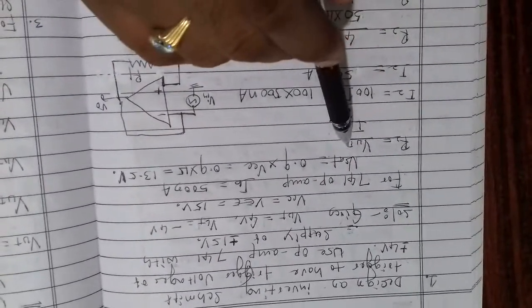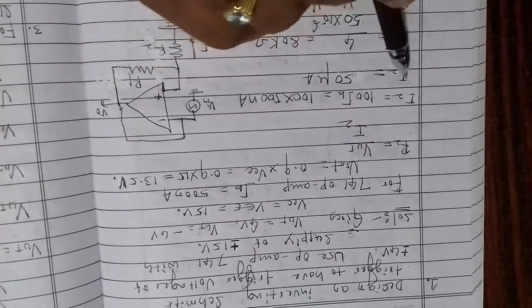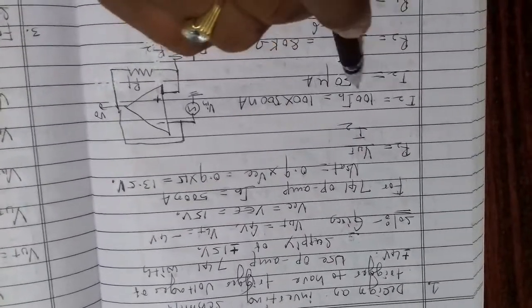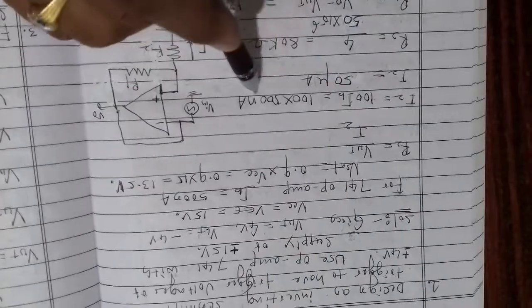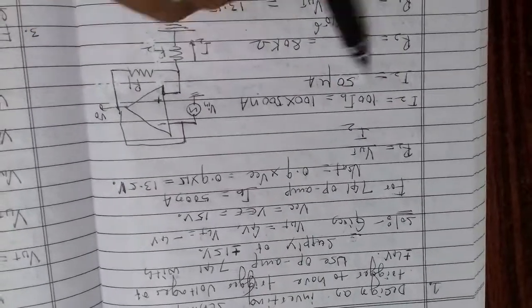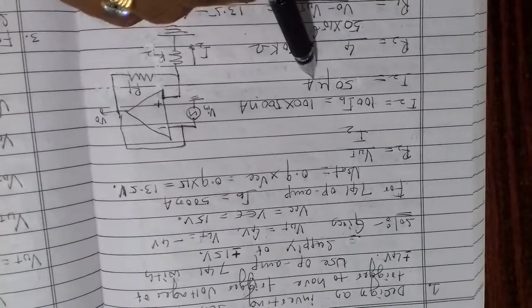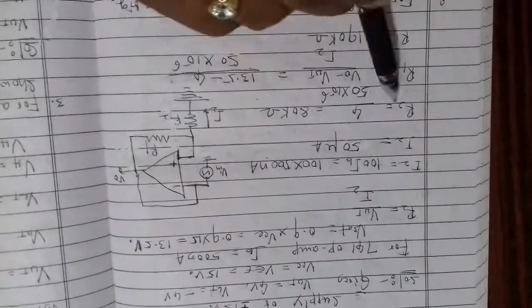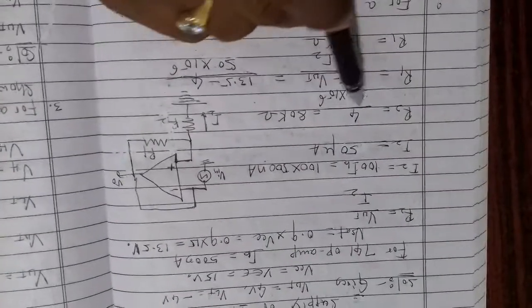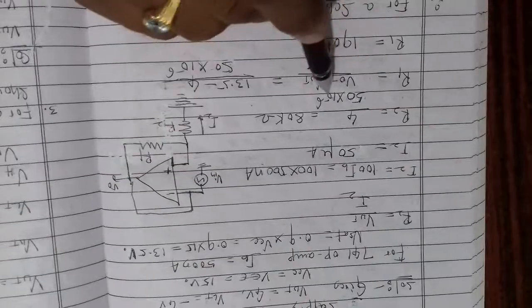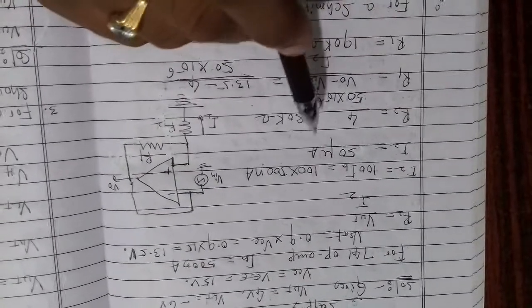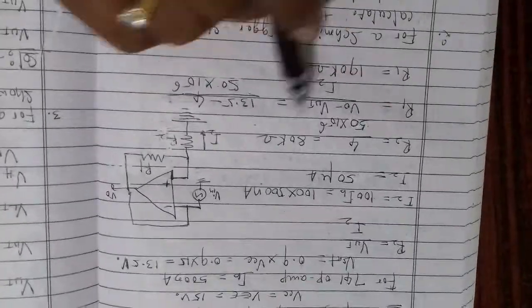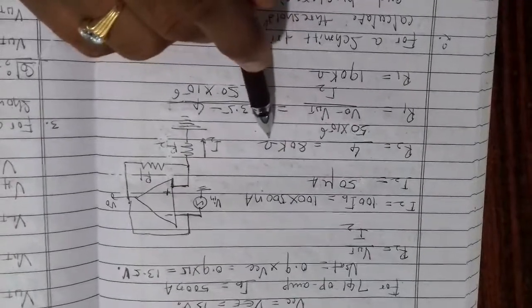R2 is equal to upper threshold voltage upon I2. I2 is equal to 100 IB, equal to 100 into 500 nanoamperes, so I2 is equal to 50 microamperes. R2 is equal to 4 upon 50 into 10 raised to minus 6, equal to 80 kiloohms.